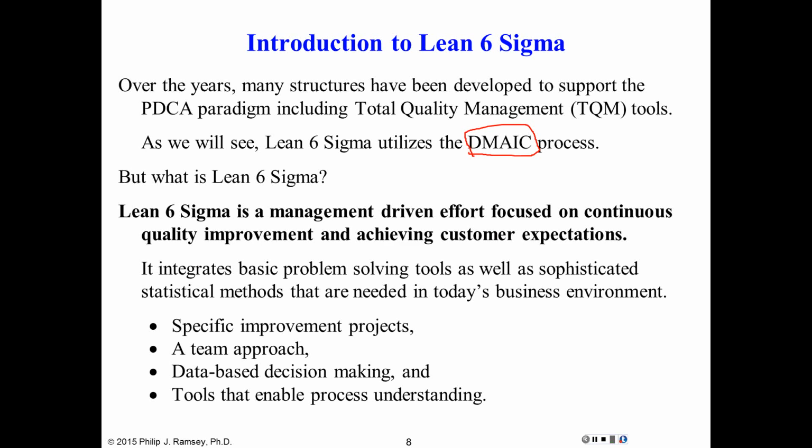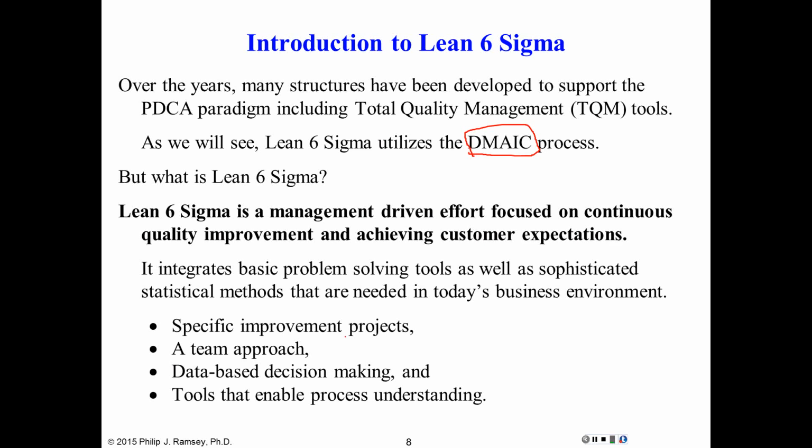Okay, so basically, in Six Sigma, again, what is it? Well, basically, it's a methodology for continuous improvement of a product, process, or service. Okay? It involves a lot of problem-solving tools and a lot of statistical tools and some other tools we'll mention as we go along. But basically, some things I want to mention about it.